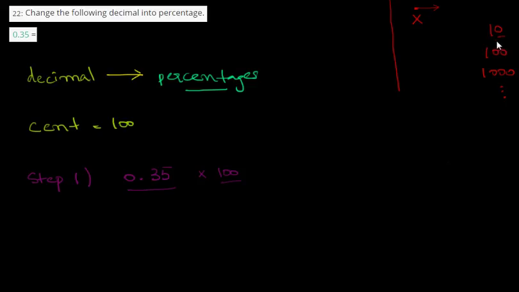So 10 has 1 zero, which means the decimal is going to move 1 space towards the right. Or if we're multiplying it with 100, which means 2 zeros, the decimal is going to move 2 places towards the right. Similarly for 1000, which means 3 zeros, the decimal is going to move 3 places towards the right, so on and so forth.